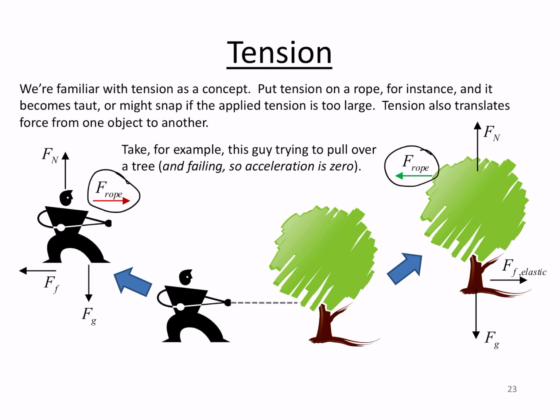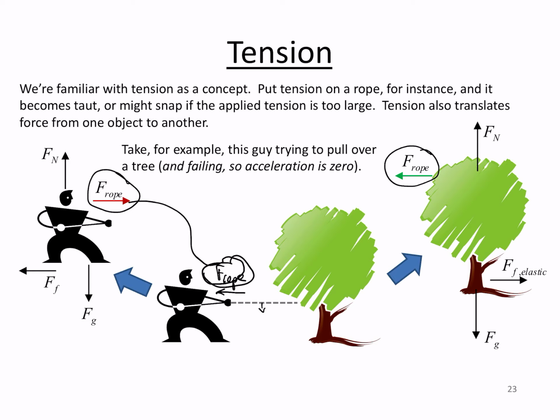Well, it's not just the gentleman and the tree in this interaction, it's also the rope itself, right? And if we assume the rope's mass is pretty negligible, I mean, technically there'd be some little downward force of gravity, but mostly the dominant force here on the rope is going to be the guy pulling on the rope, which has to be the third law pair with this force, right? Because the rope pulls on him, equal and opposite.